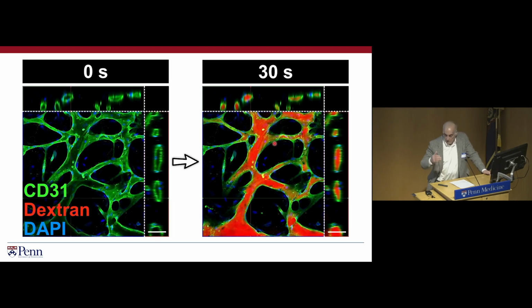And in a cross-section of that particular chamber, you can see that, in fact, the red dye is filling these vessels very nicely, and you have DAPI staining, and you have CD31 staining of the endothelial cells.